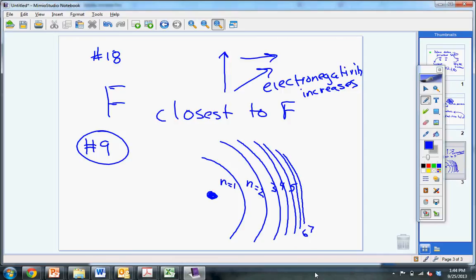Which one would have the biggest jump? What happens as they go out? They get tighter together, so which one's going to have the biggest jump? There you go. So this would be your biggest jump. Okay? All right, other questions?